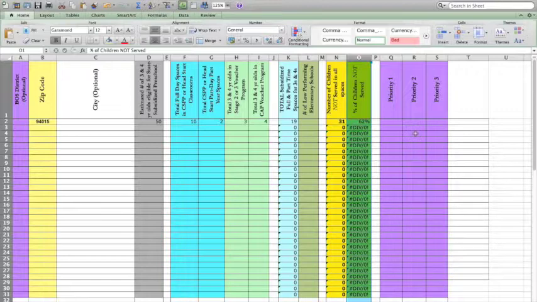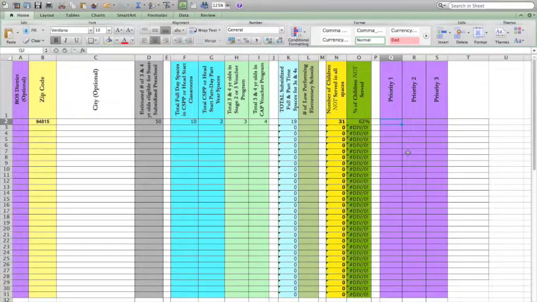And then in the priority 1 and 2 and 3, you'd look at your table and see what is the threshold for your agency. How does it function? Is it 50%? Is it 75%? Is it 100 children?